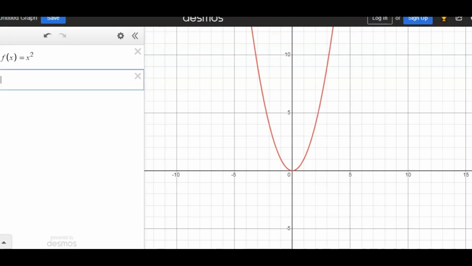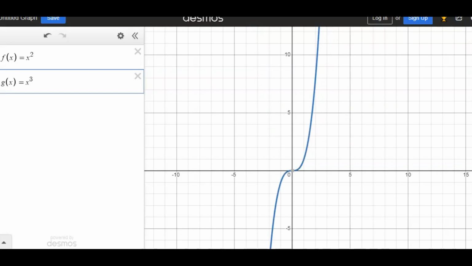Now what will be the graph of, suppose we have a polynomial function g(x) = x^3? This blue line is the graph of g(x) = x^3. Now let's see a more complex polynomial function.